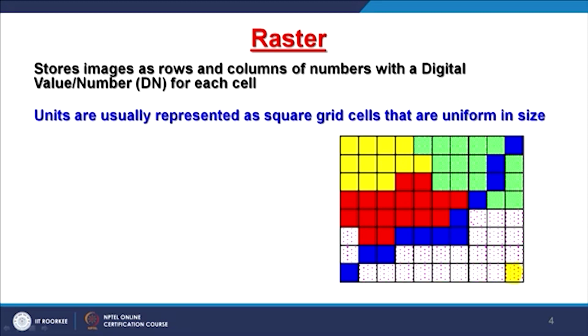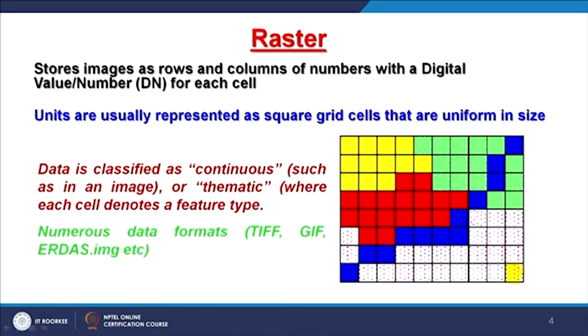And as you also know, the units in a raster are always square and all are uniform in size throughout the data file. There are various image formats also, and we know that raster is continuous data, and that is why there are high chances of getting redundancy.